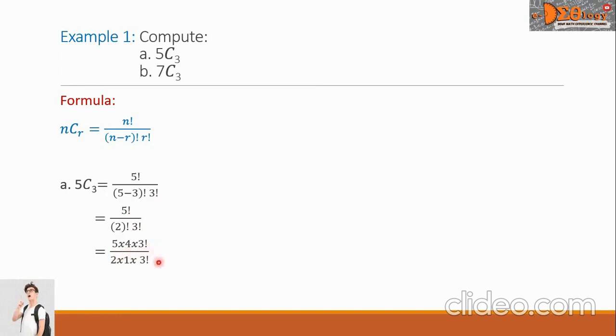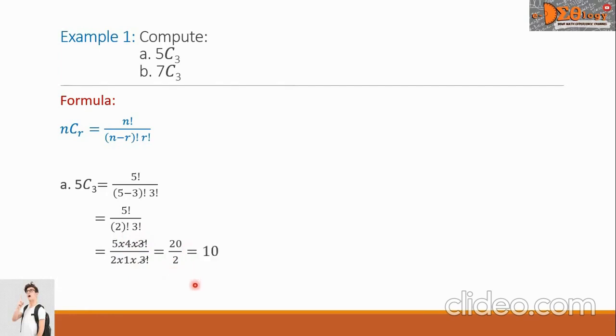In the denominator, the 2 factorial becomes 2 times 1, and the 3 factorial we will keep as is, because we can see here that we can cancel this 3 factorial and the 3 factorial in the numerator. There we go. Simplifying further, the numerator becomes 20 over the denominator 2.